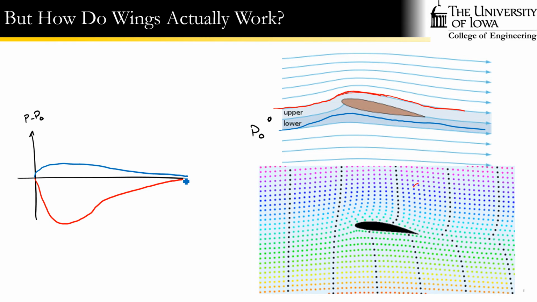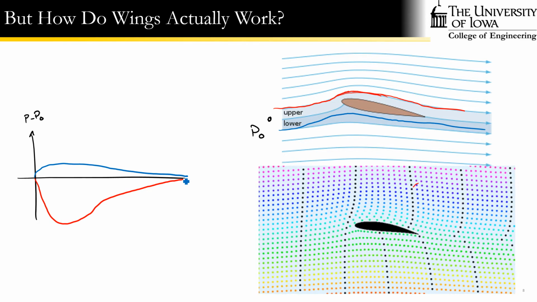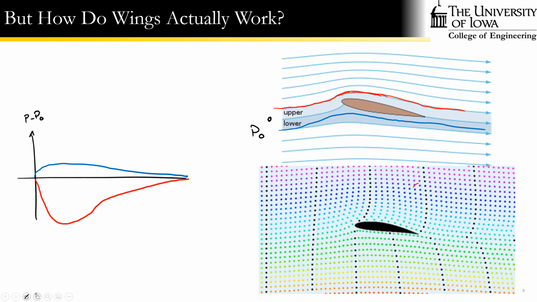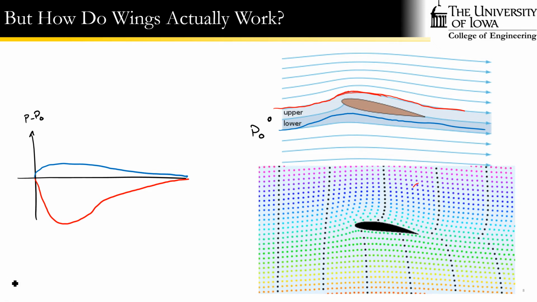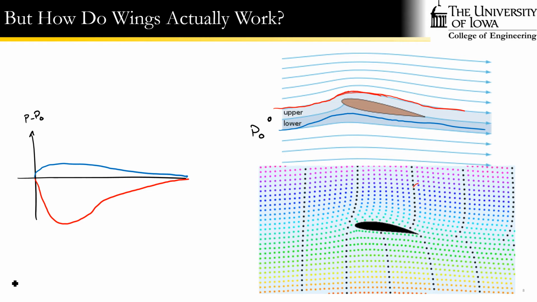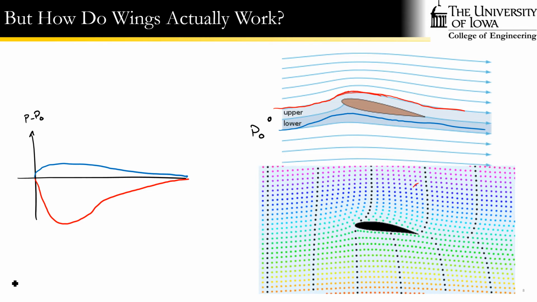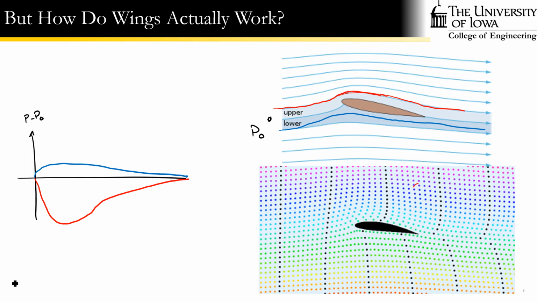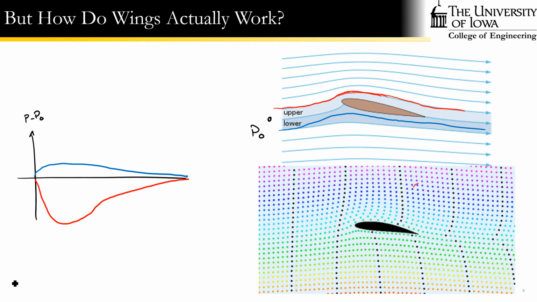And so if you took this pressure difference, if you integrated the area under each of these two curves over the surface area of the hydrofoil or the airfoil, what you would get is the total lift, the total difference in force.